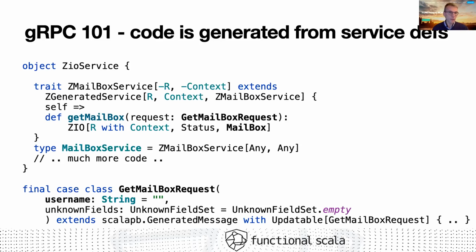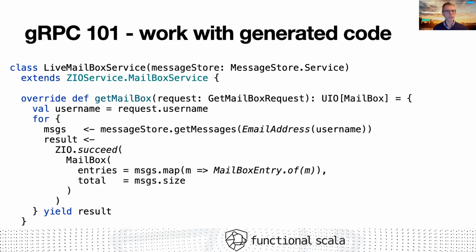And this is Scala code that compiles, and you can use it in your server application to basically implement the protocol. Because whenever one of these requests arrives, you have to do something, which is in this case look up the messages for this particular user. So we're using the same MessageStore we just created a few slides back.